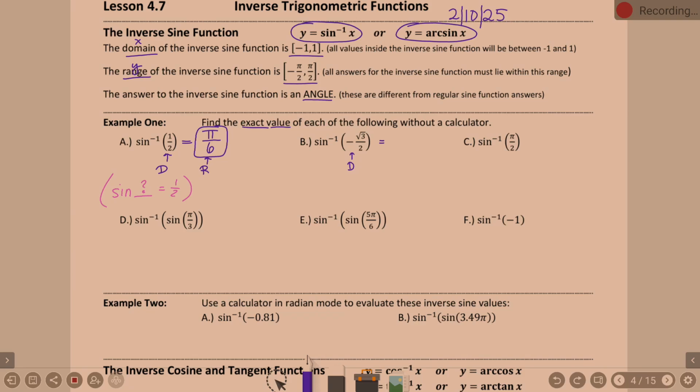Now, as you look at this, my recommendation is forget the negative for right now. Because do we have any negatives on that chart? We don't have any negatives on our chart over there, do we? So I would just stop and think, sine of what angle is equal to square root of 3 over 2?